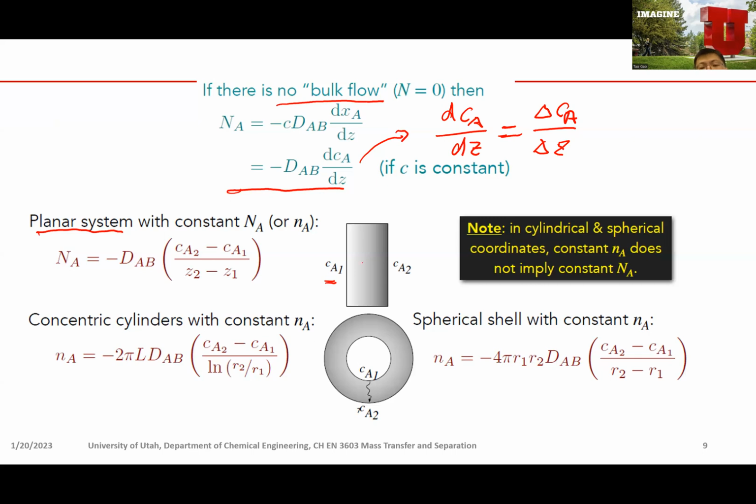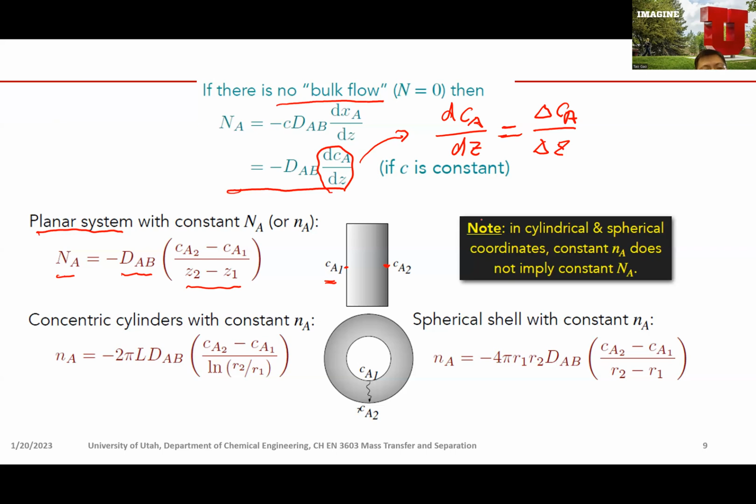Then across the membrane, the difference of concentration A would be CA2 minus CA1, and the distance between these two concentrations at the two ends of the membrane would be the thickness of the membrane, which is Z2 minus Z1. So that gives us this term. Then this multiplied with the diffusivity gives us the flux of A through the membrane.